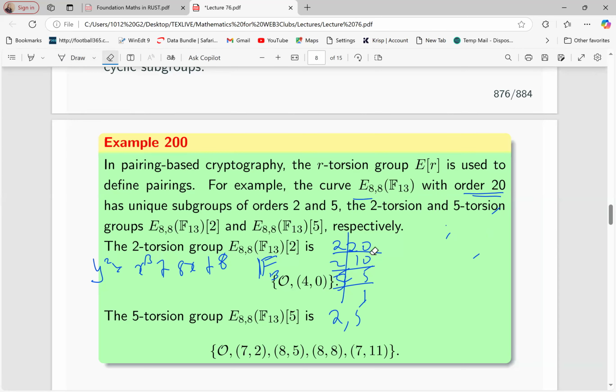Now, can you find the 2 torsion subgroup? Again, you just use the code. Let me see where the code is.